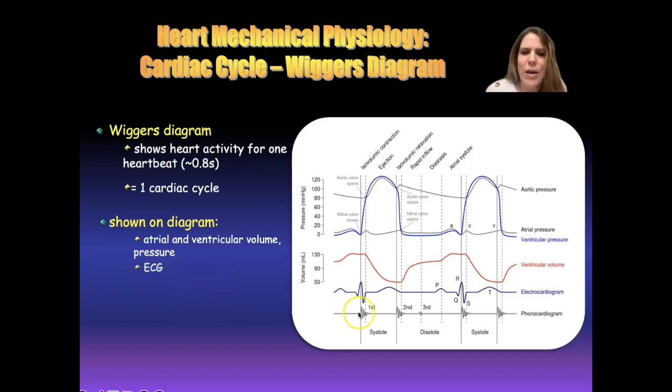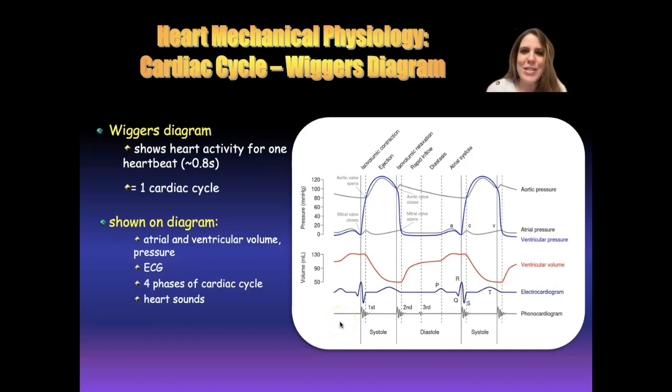Also shown on this graph, we're going to have an EKG, and it's lined up with the mechanical events of the heart. We kind of already did this when we were talking about those 4 phases of the cardiac cycle, relating those phases to the electrical activity in an ECG. We're going to be able to see those 4 phases and correlate all of that with the heart sounds that we talked about, S1 and S2, lub, dub.